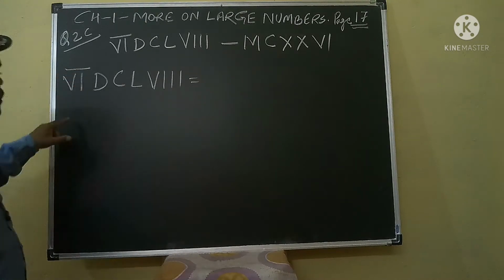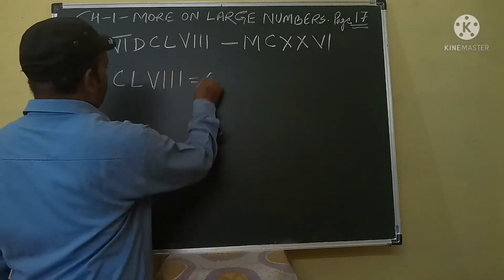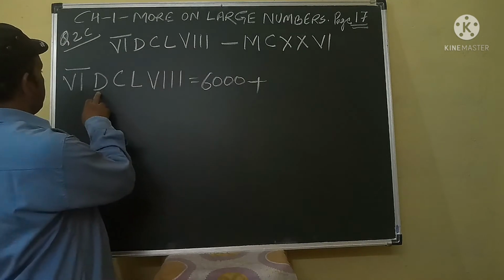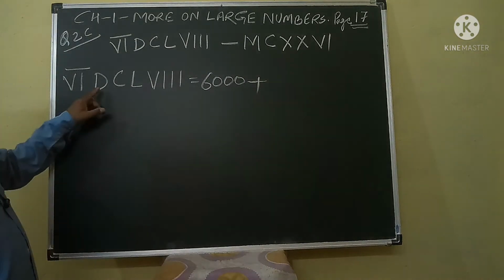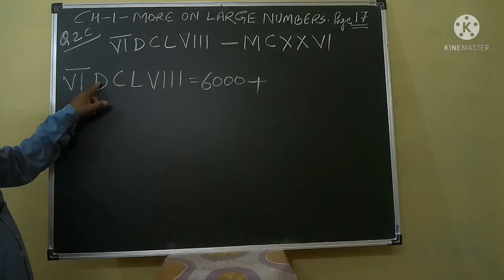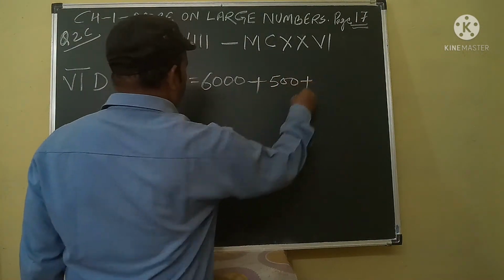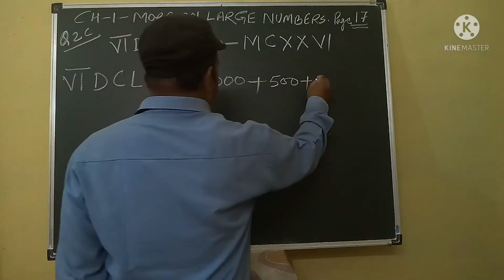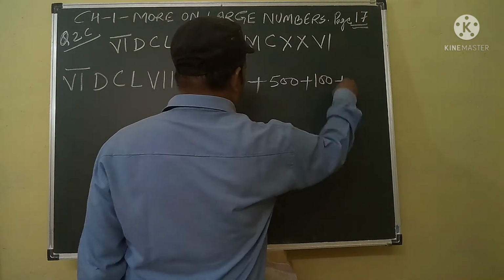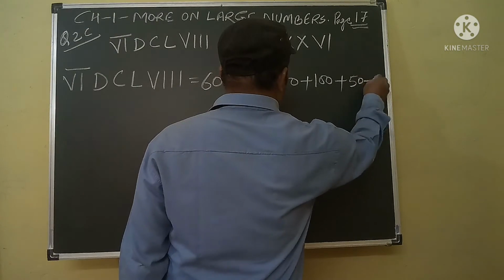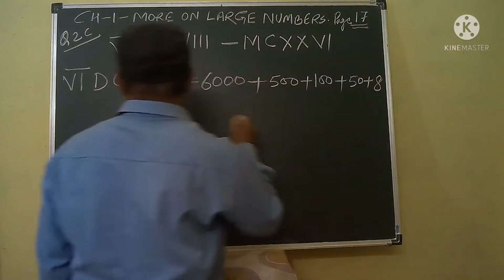Just above the horizontal line, it will give you 6000, plus D means 500, C means 100, L is the symbol of 50, then 8.